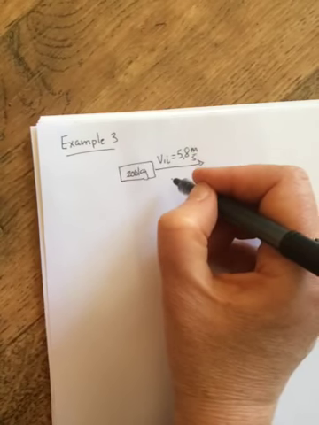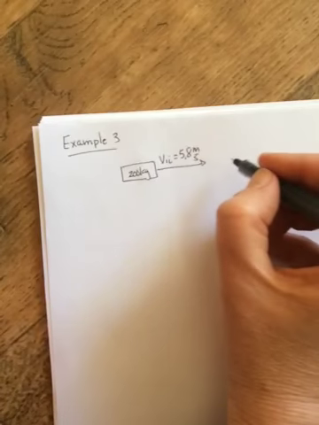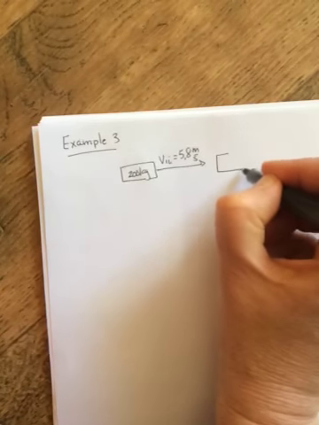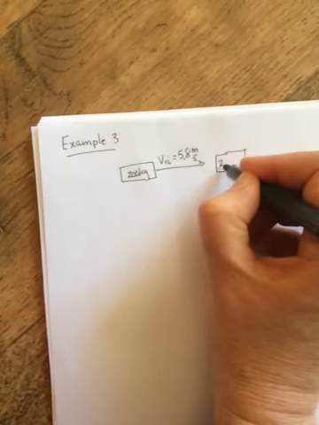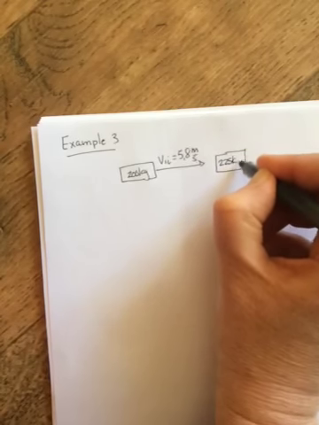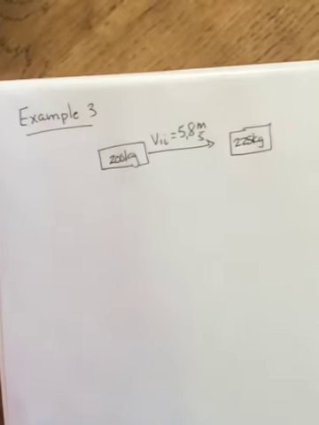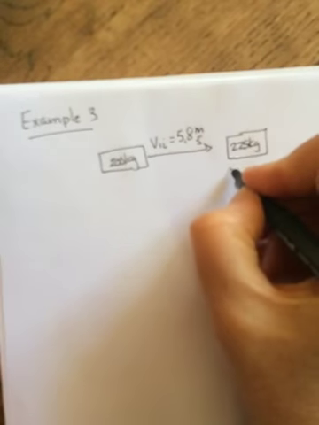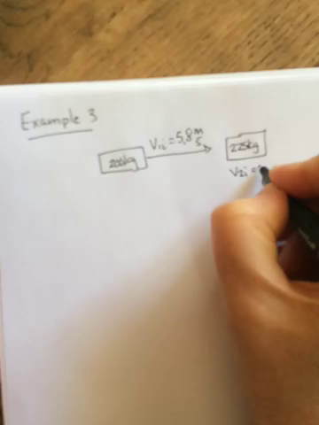When it collides with the second cart of mass 225 kilograms, so 225 kilograms, initially at rest, so V2I is 0.